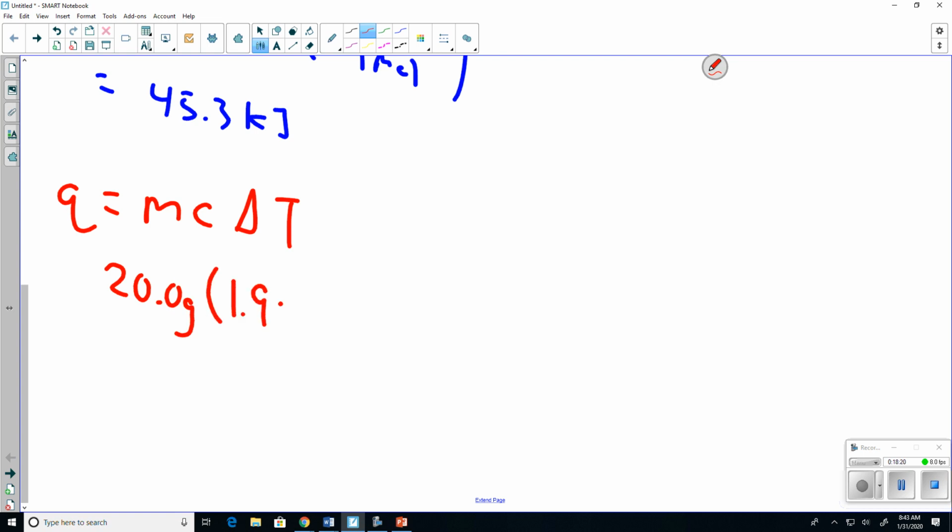The C value of steam was given to you on the problem as 1.99 joules per gram degree Celsius. And the delta T in this particular problem, because we are only going up 10 degrees more, is 10 degrees. This gets me 398 joules.